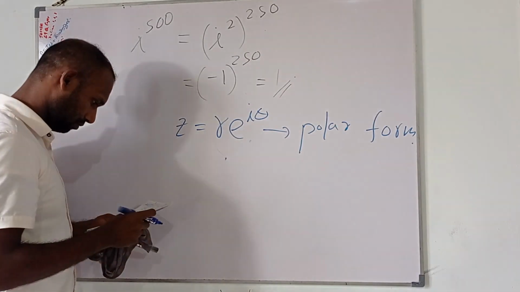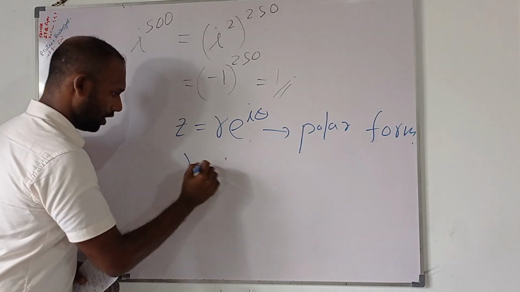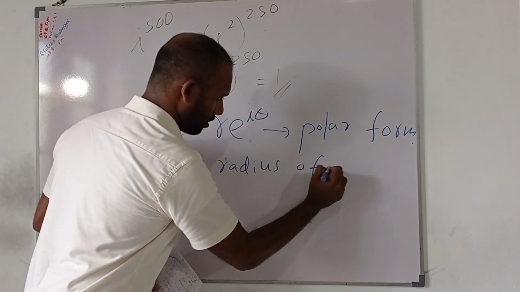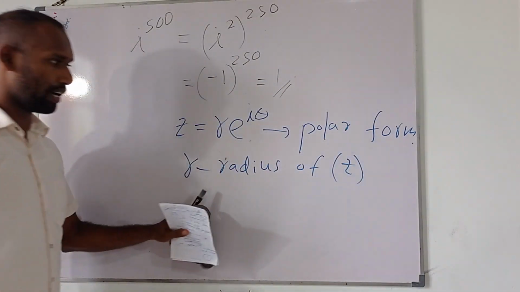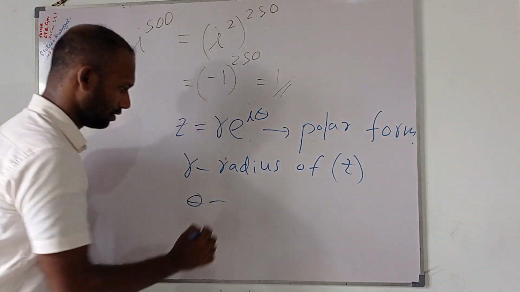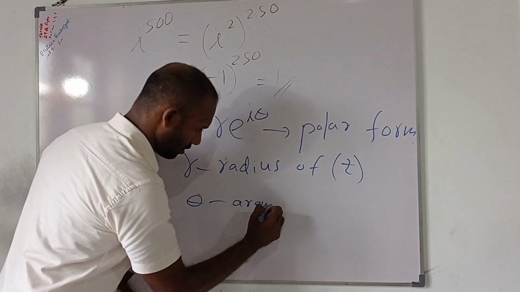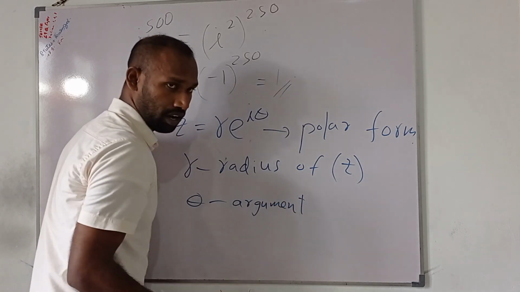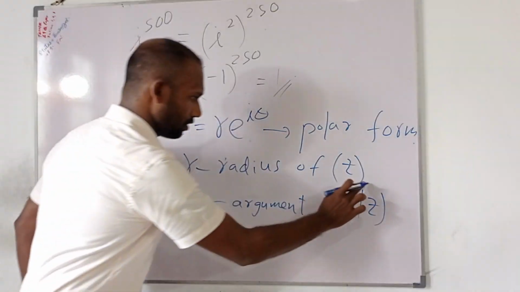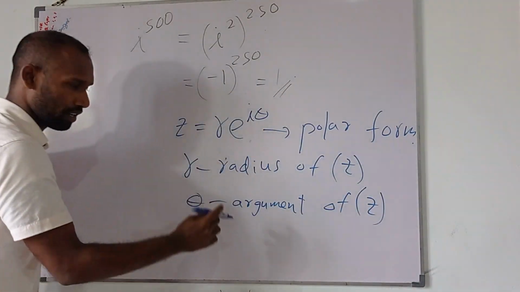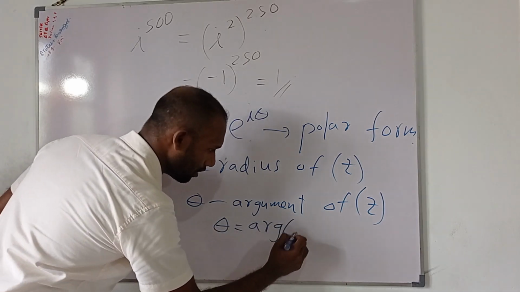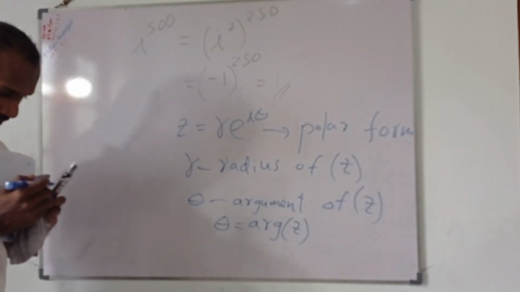Here R is the radius of Z and theta is the argument of Z. So we write theta as arg Z.